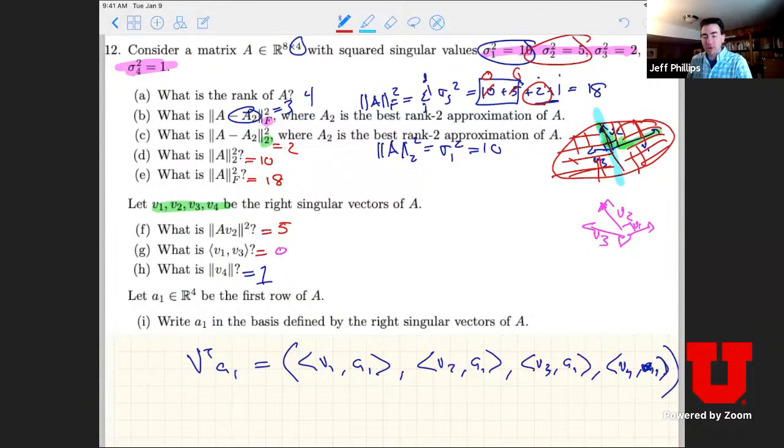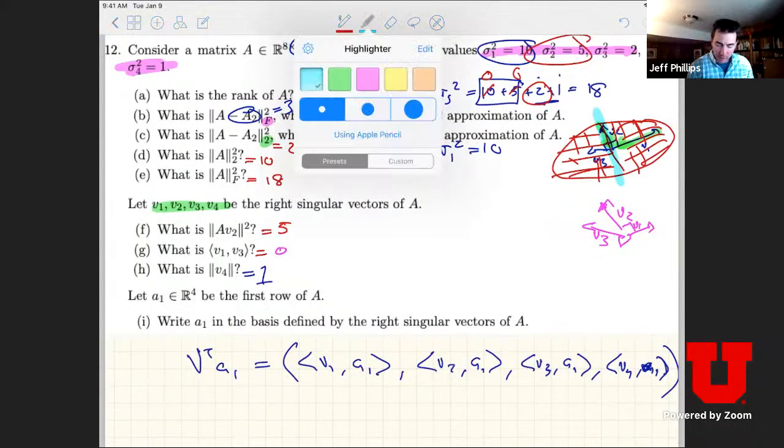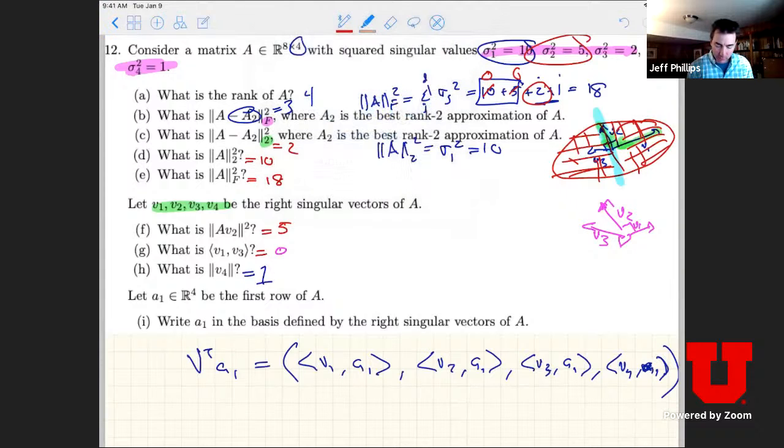Okay, so could we talk through C quickly one more time? Okay, yeah. Let's look at 12C. This is one of the questions. What is the spectral norm of A minus A2? A2 is the best rank 2 matrix of A. Well, let me explain this in a different way.